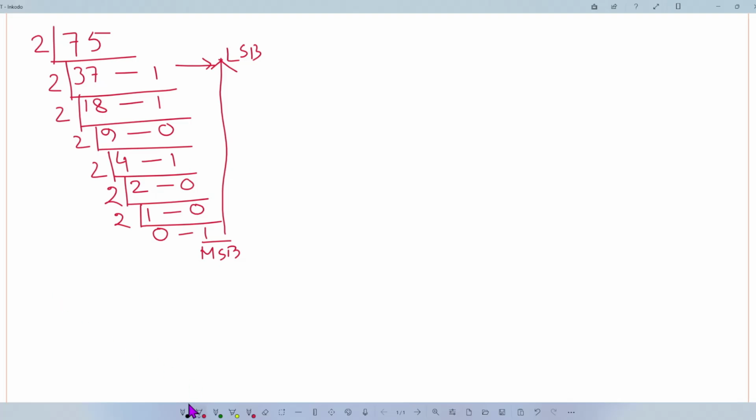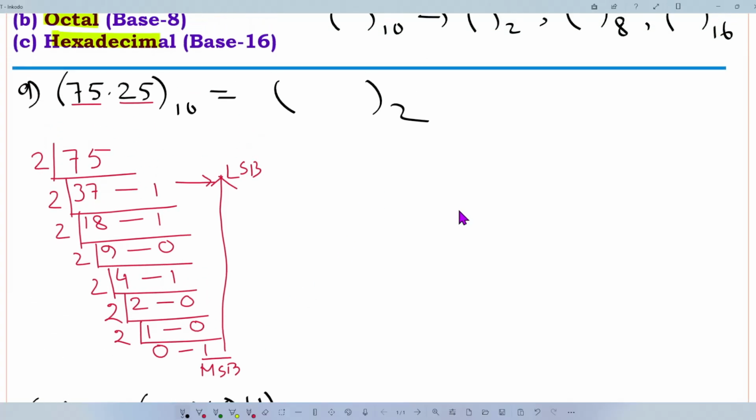Therefore we can write like this: 75, which is a decimal number, once we convert to binary we will get 1 0 0 1 0 1 1. It's a binary number. So our first part is done. We are trying to solve step by step.